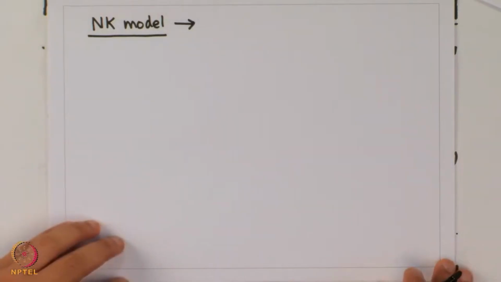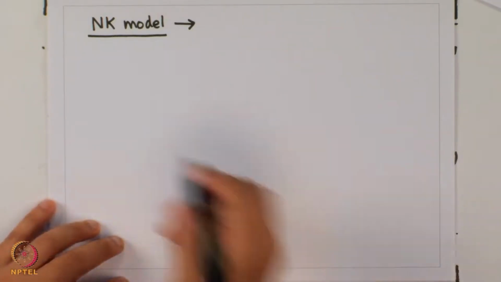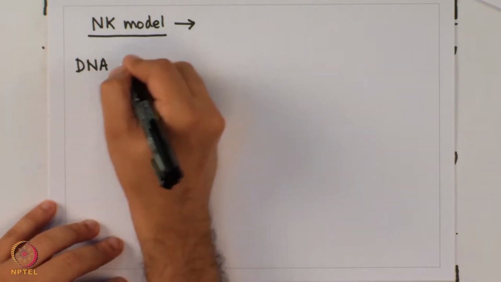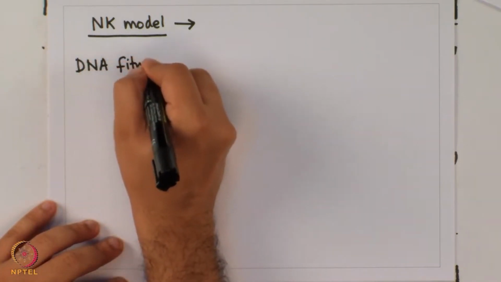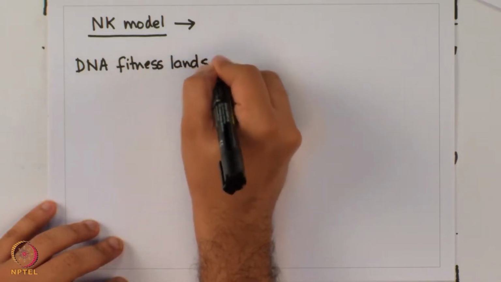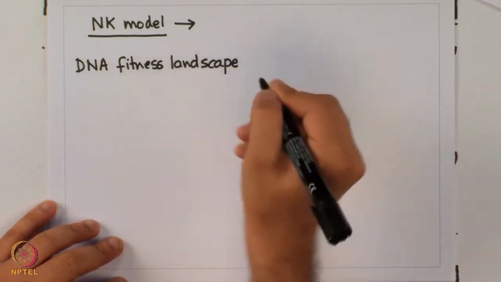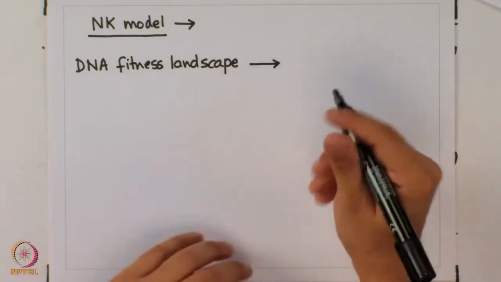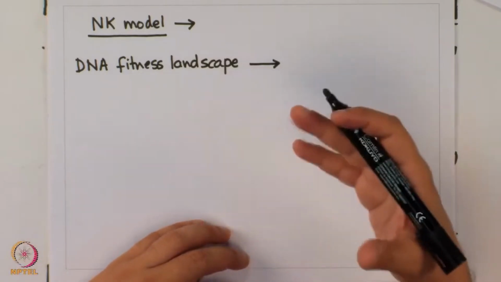The first thing that this model assumes is that these are DNA fitness landscapes, and that DNA is going to be treated as a binary molecule.